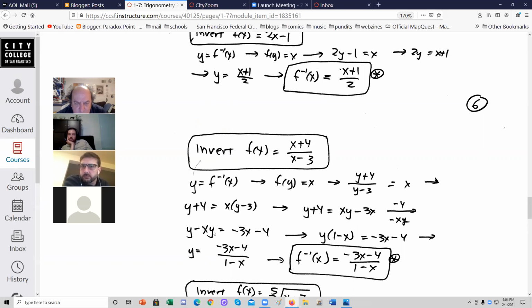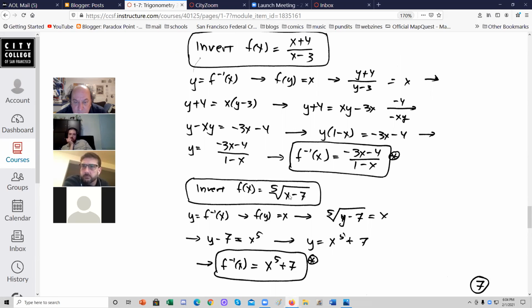We can get them in one place by factoring out y: y times (1 minus x) on the left. On the right, minus 3x minus 4. Next step, we divide by 1 minus x so as to isolate y. So you get y equals (minus 3x minus 4) over (1 minus x). And there's your inverse function. (Minus 3x minus 4) over (1 minus x) is the inverse of this function.